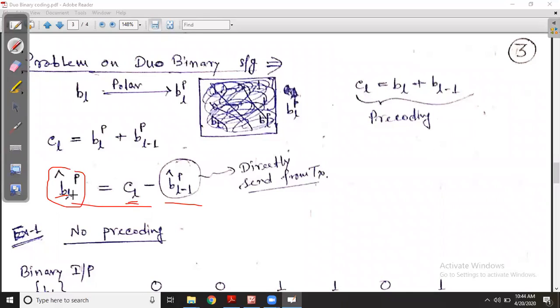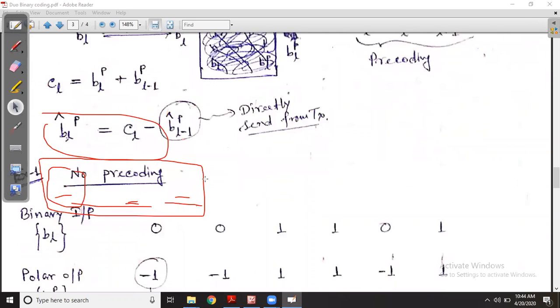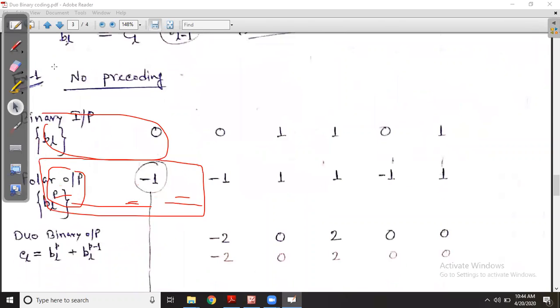If BL is the present bit, L minus 1 is nothing but the previous bit. That's all. So CL minus the previous BLP. This is the formula of BLP. These are the formulas for the remaining things. Just we have shown this, the last block diagram. Okay, now come to the numerical.